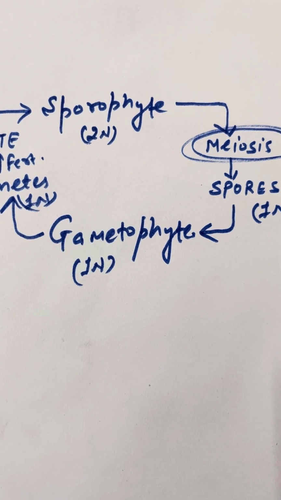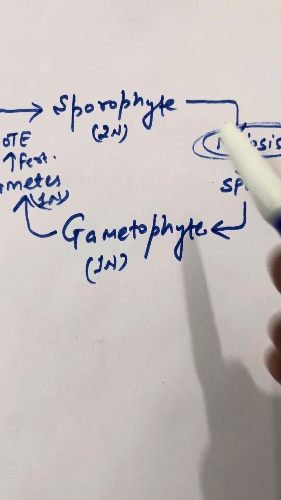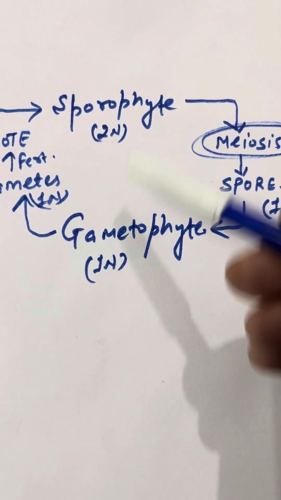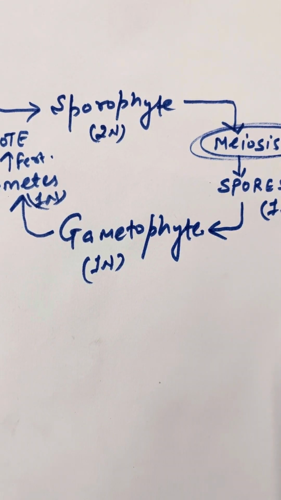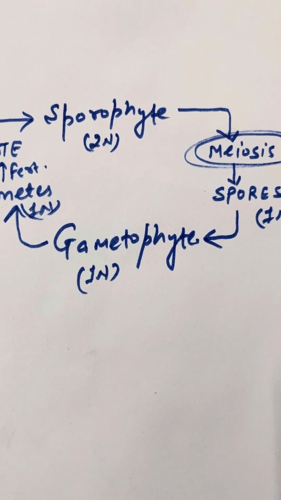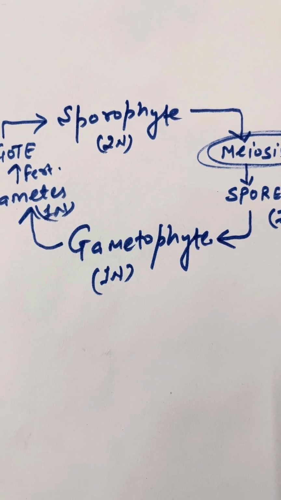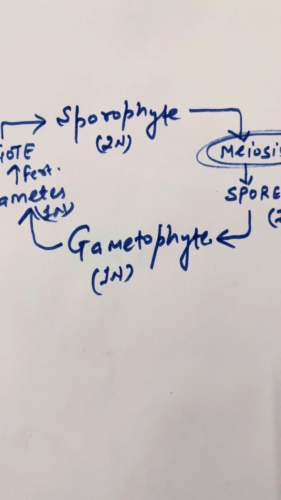So plants have two alternate phases in their life cycle, sporophyte and gametophyte, which alternate with each other for completion of the life cycle. Bryophyta, pteridophyta, gymnosperms and angiosperms, all of them have these two stages in their life cycle.